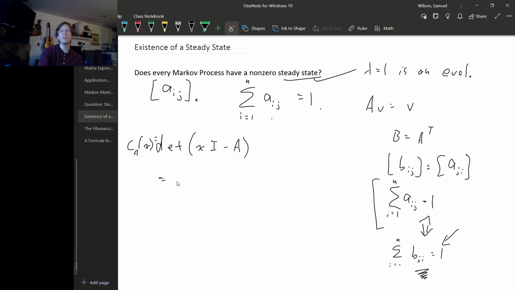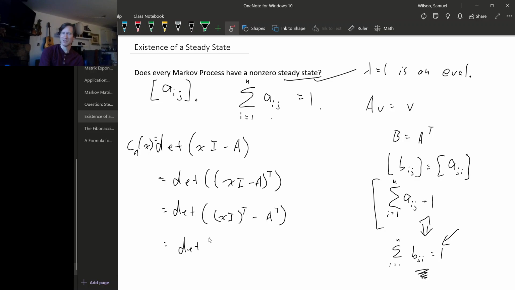Well, we know that the determinant of a matrix is equal to the determinant of its transpose, like this, but also the transpose of a difference is just the difference of the transposes of the individual matrices, like this, but also x times the identity matrix, that's diagonal.